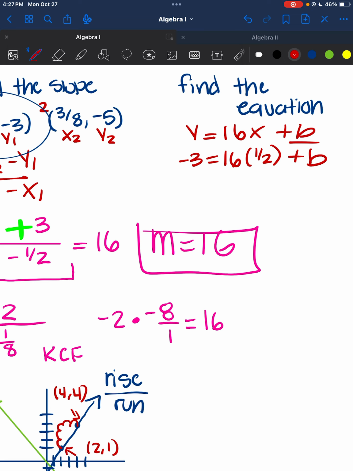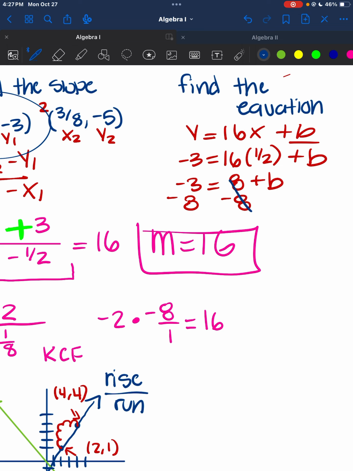I have -3 equals 16 times 1/2. That's the same thing as saying 16 divided by 2. This is 8, and this is plus b. Then I'm solving for b, so I need to get b alone by itself on one side of the equation. To do that, I'm going to subtract 8 from both sides. A positive 8 and a negative 8 are going to cancel.